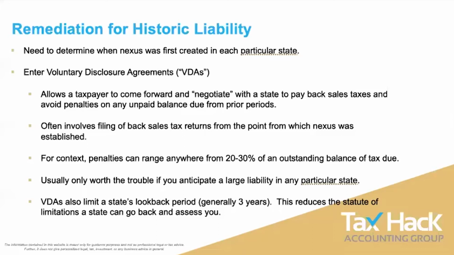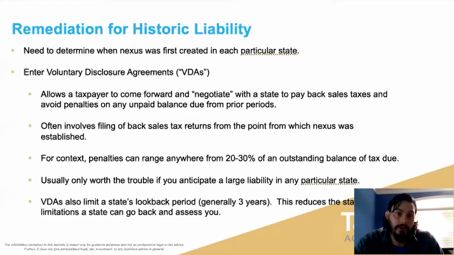What you're going to say is, hey, I've had Nexus since 2000, but I just haven't filed, and I want to remediate this. I want to get it out of the way. So they're going to accept you into that program, and then you're going to file the last 3 years. It significantly reduces the look back period, especially when you start considering these economic nexus laws and where we're at right now.